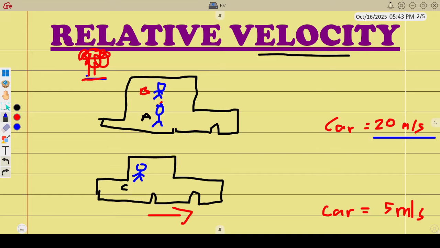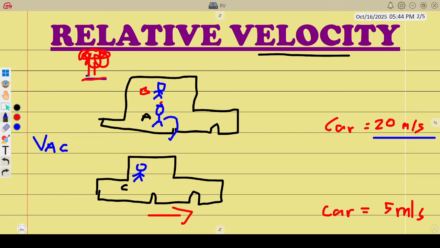So remember, relative velocity, we just compare two velocities. So the question would be, what is the relative velocity of A with respect to C? Meaning, when A is looking at C, what is the velocity?